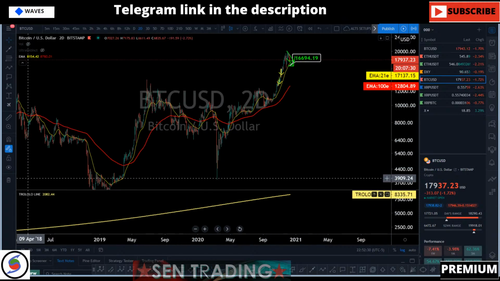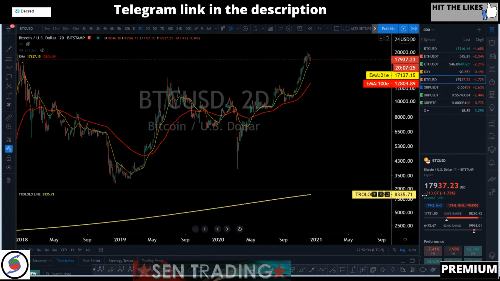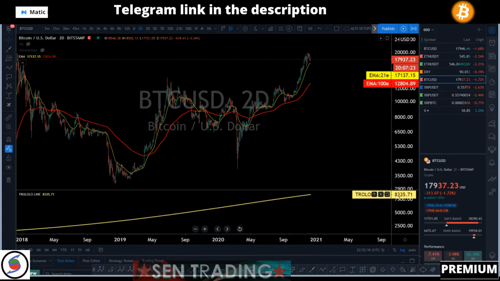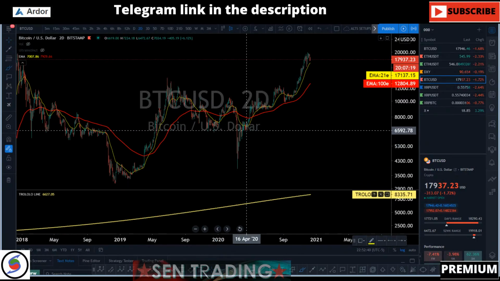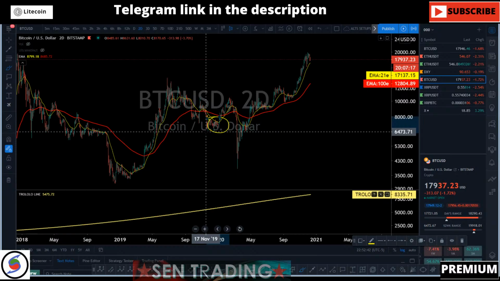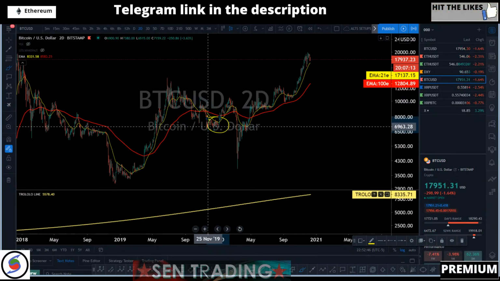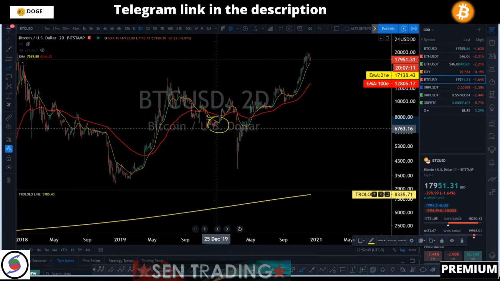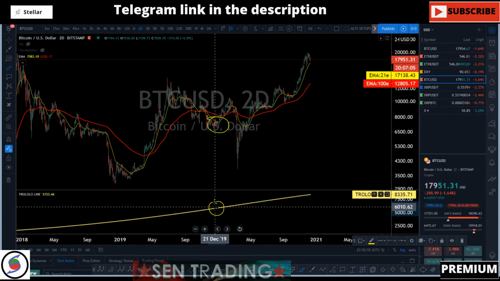We talked about how important it is: whenever BTC is below the trend line, it is going to be a strong buy. Last year we waited for price action to retest the low 60s, and we were still waiting for 57, but the low 60s was good enough, and it bounced right back up. The trend line at that time was at 57.